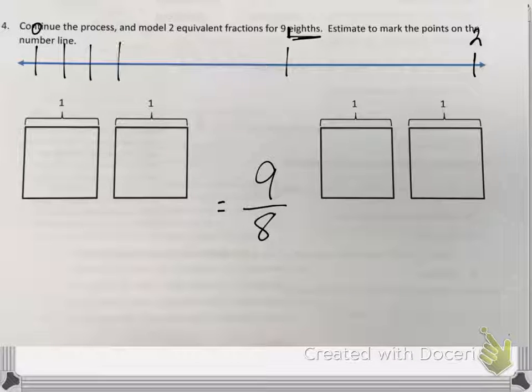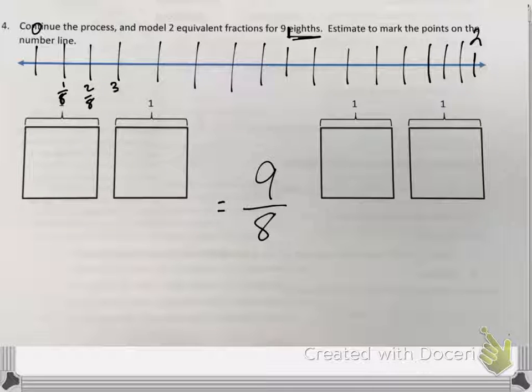1, 2, 3, 4, 5, 6, 7. So 1 8th, 2 8ths, 3 8ths, 4 8ths, 5 8ths, 6 8ths, 7 8ths, 8 8ths, 9 8ths.